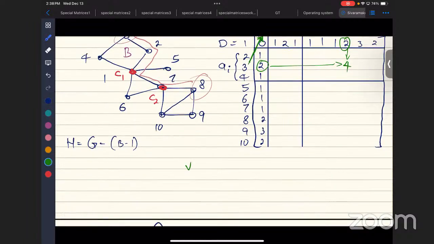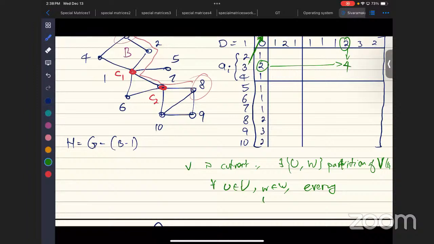V is a cut vertex if and only if there exists a partition of the vertex set V of G, such that for all vertices U and W in different parts, every UW path contains V or passes through V. So that means the graph will look like this.